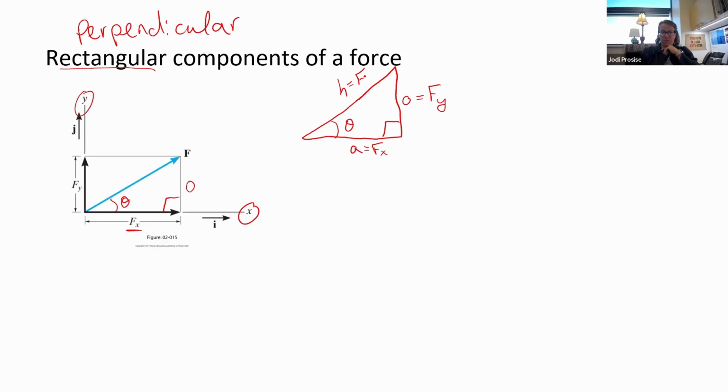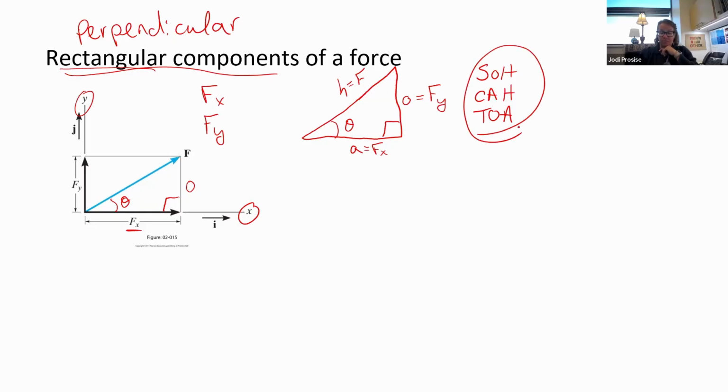So using what we know with SOHCAHTOA, we can define the rectangular components, which are fx and fy, by using this relationship. So how do we do that? Let's start with the sine of our angle theta is equal to the opposite, which is fy, over our hypotenuse, which is f.